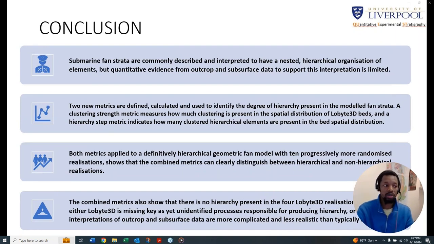So it tells us 2 things. Either the model itself is missing some key elements that are responsible for producing hierarchy, or the interpretations of outcrops and subsurface data that we have today are more complicated and less realistic than what we think.